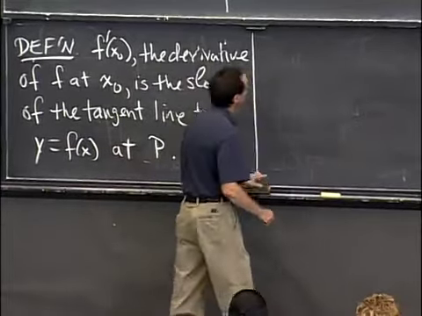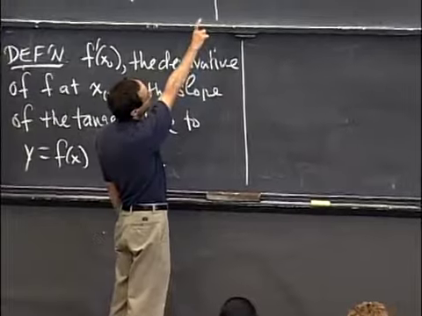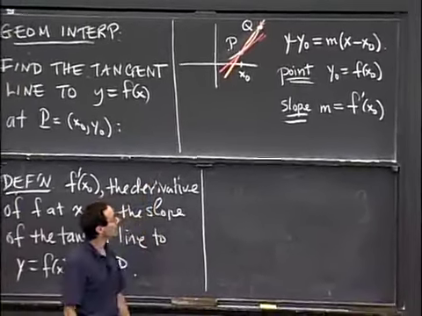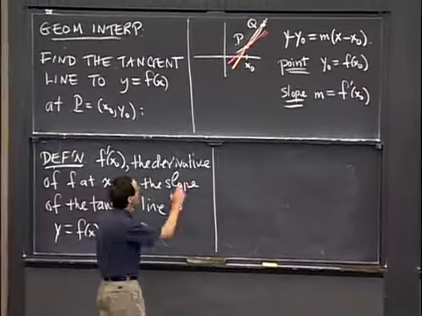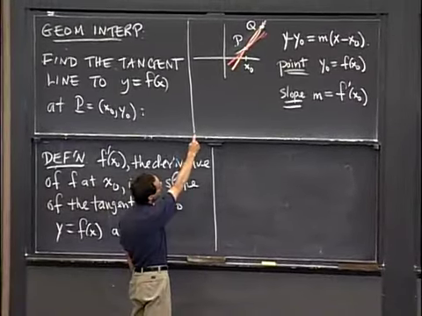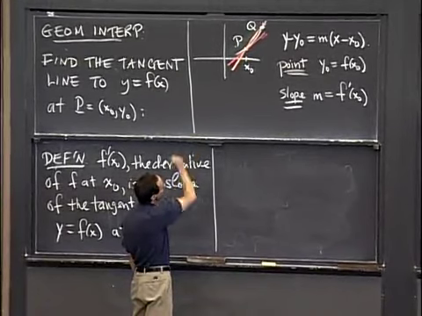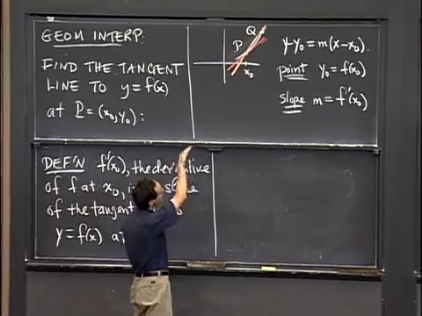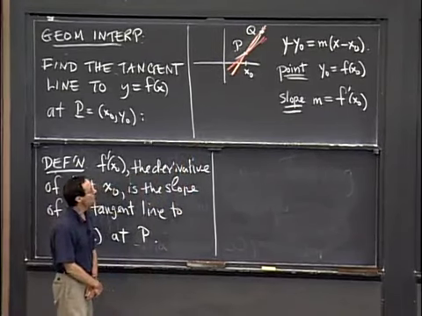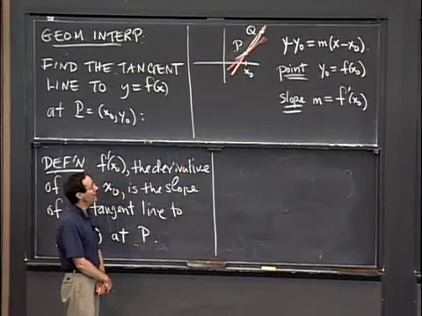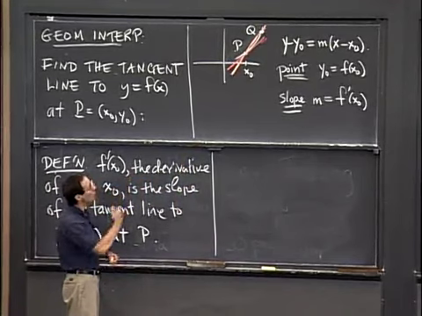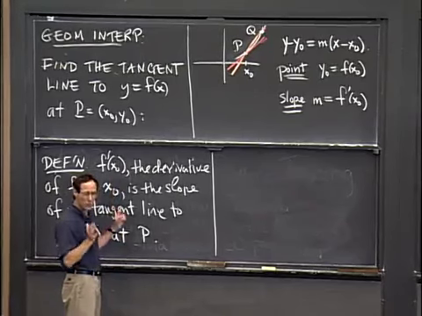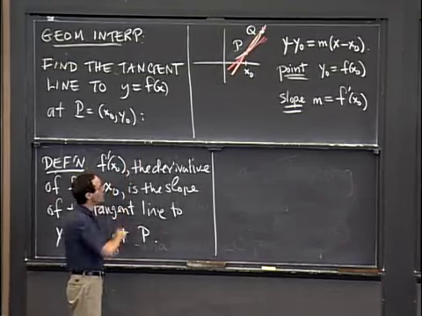And it's the following idea. It's that if you take this orange line, which is called a secant line, and you think of the point Q getting closer and closer to P, then the slope of that line will get closer and closer to the slope of the red line. And if we draw it close enough, then that's going to be the correct line. So that's really what I did sort of in my brain when I drew that first line.